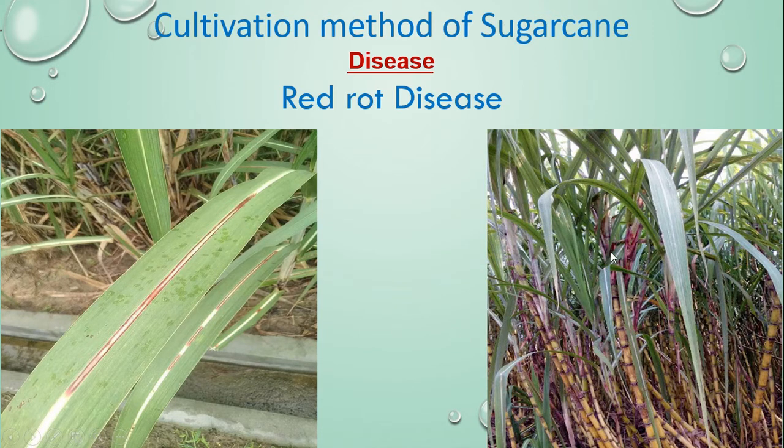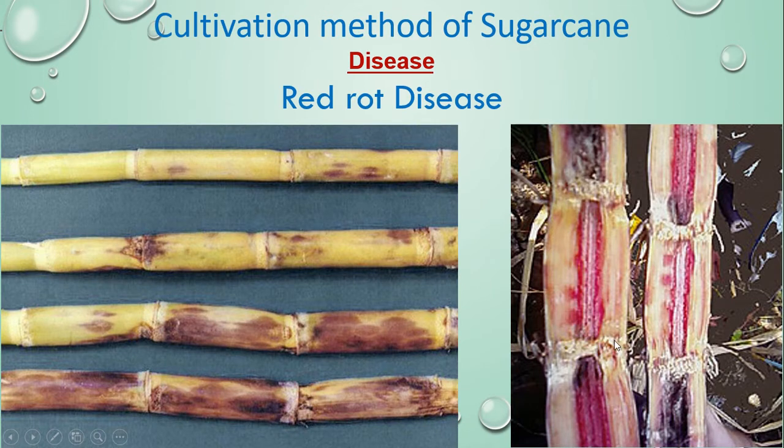Even if you look at the sugarcane stick, it becomes reddish. Here it is reddish on the nodal part, or the maximum nodal part is reddish in color, but this is not the red variety of sugarcane. This is the greenish variety. But if you have a look, you can observe that reddish color in different places. So this is the symptom of red rot disease.